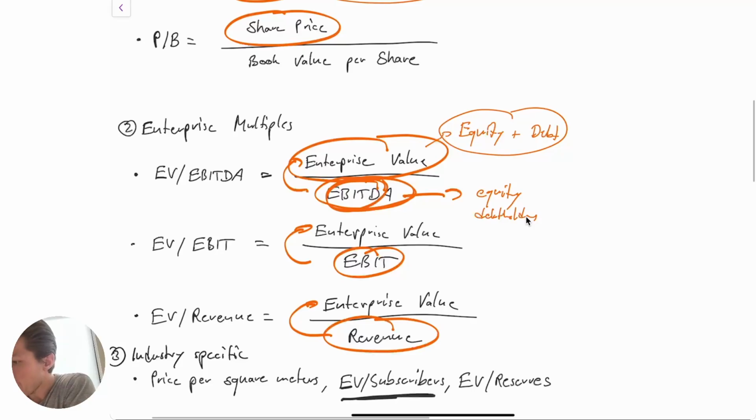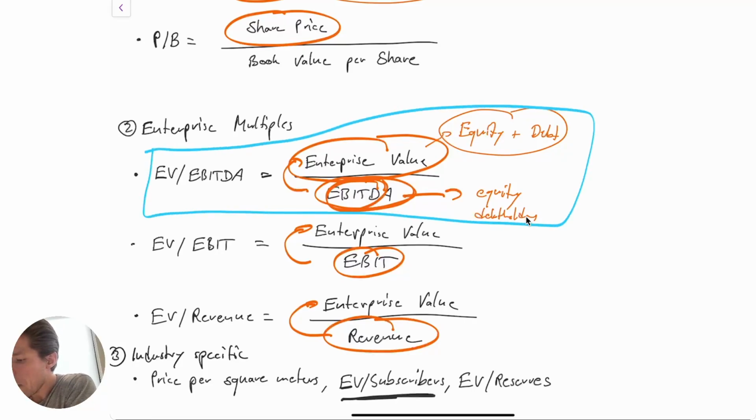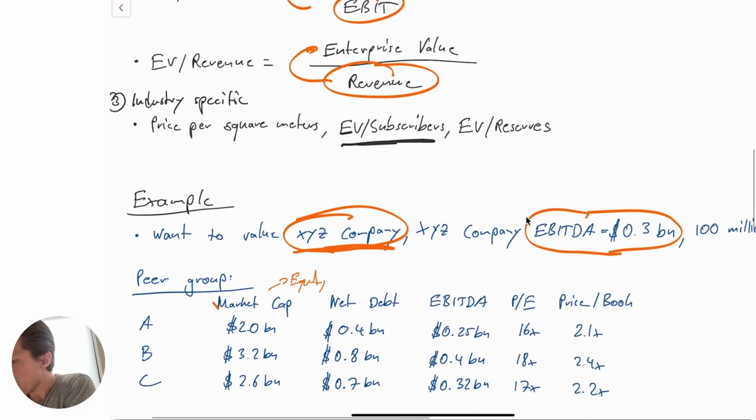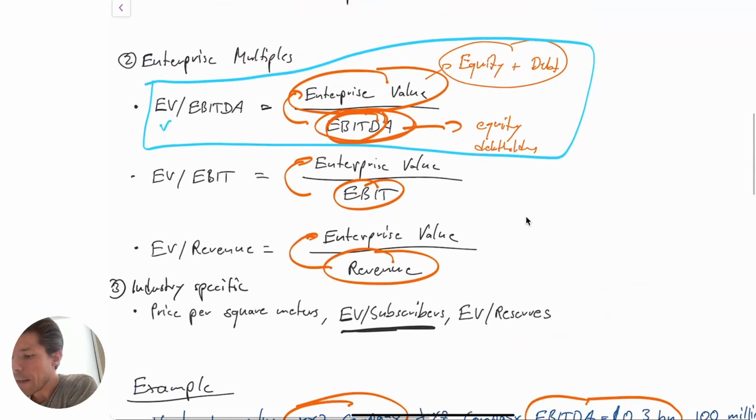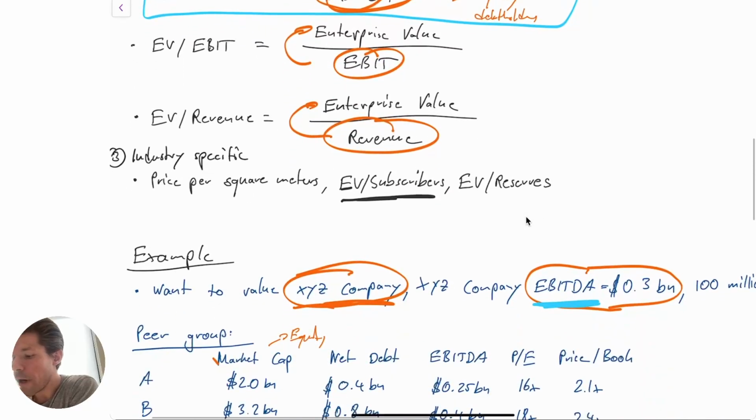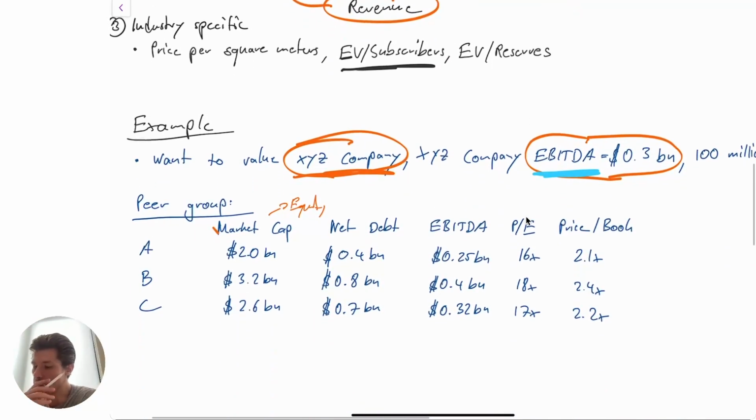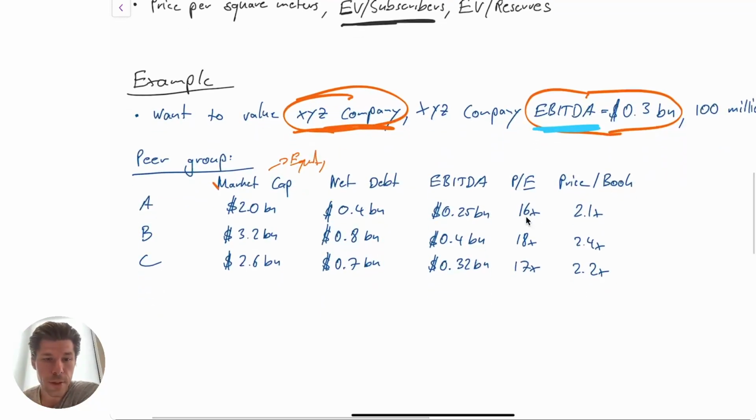But here I want to use EV over EBITDA as an example, because we have EBITDA information available and we want to understand our enterprise value for XYZ company. So what we do first is we create our ratios for those comparable companies.